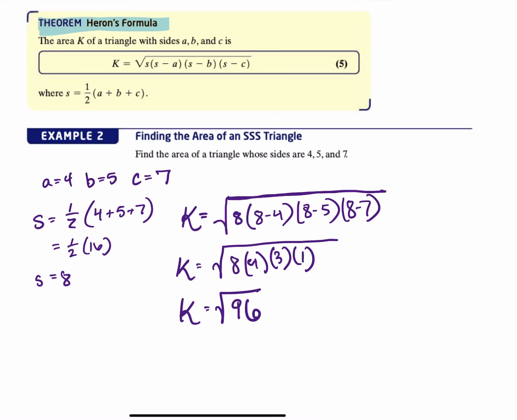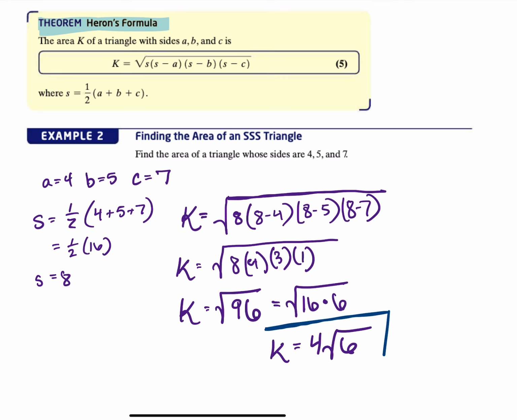So we want to reduce this square root. I can express 96 as 16 times 6. And the square root of 16 is 4. So that means that can come out as a 4 in front. And we still have 6 left over. So 4 root 6 if we want to give an exact value.